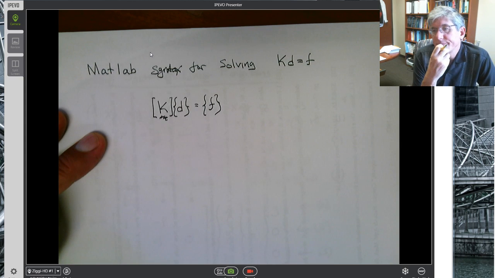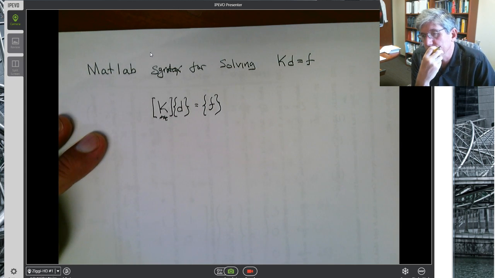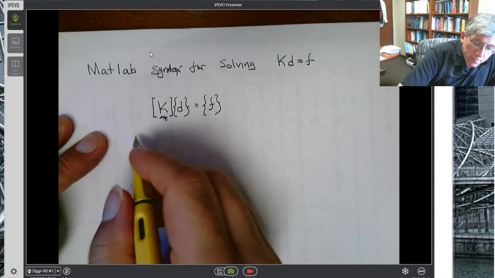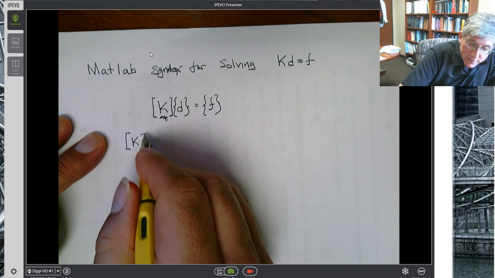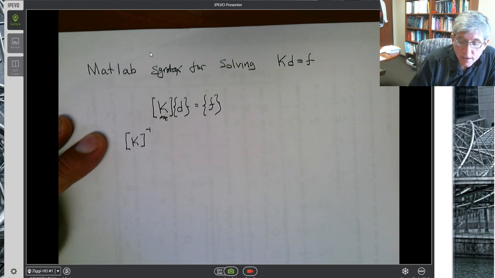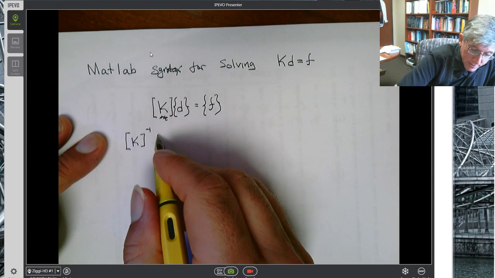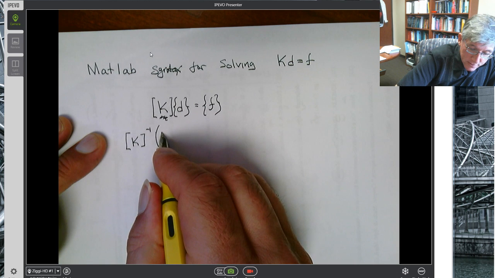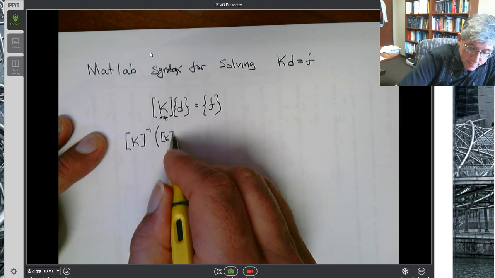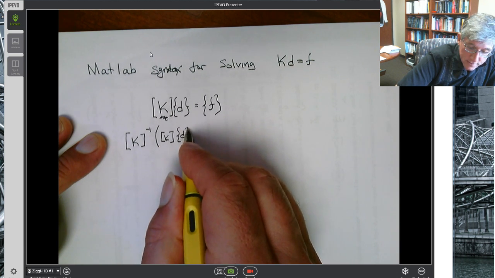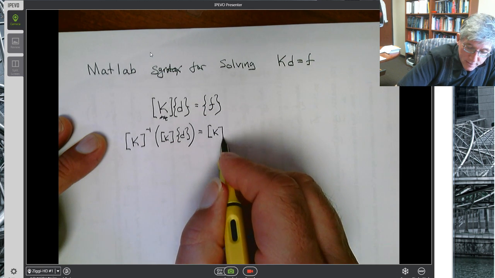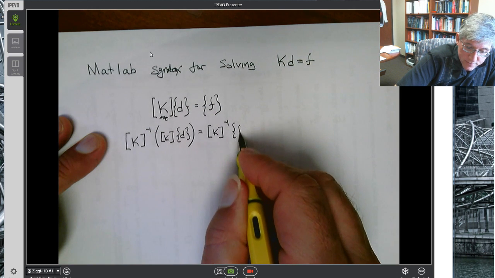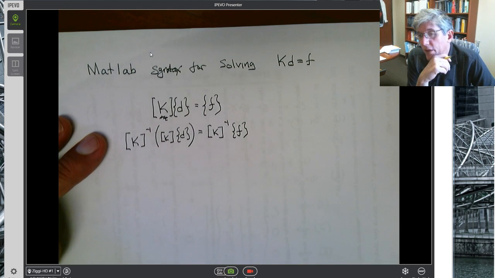One thing you might be tempted to do is, in fact, multiply by K inverse, which will give me K inverse K times D equals K inverse times the right-hand side. So I multiplied both sides by K inverse, assuming we can find K inverse.